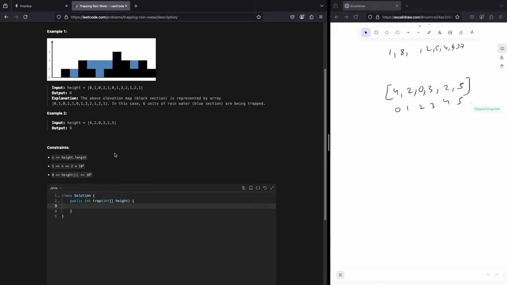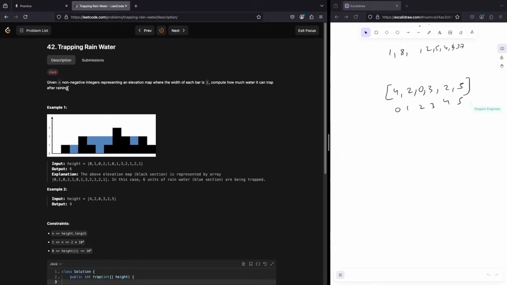This is a monotonic stack question. Basically, how much water can be trapped? On each side, we need to check how much each bar can contribute. For this one, it will be the minimum of whatever is on the left. Here the next greater is this 2, and for this the next is this one.